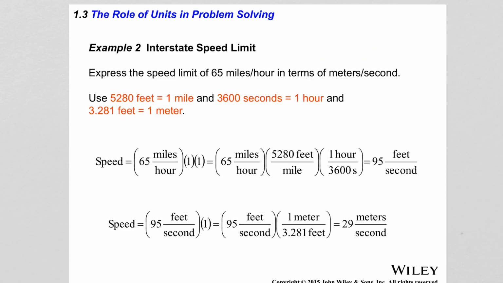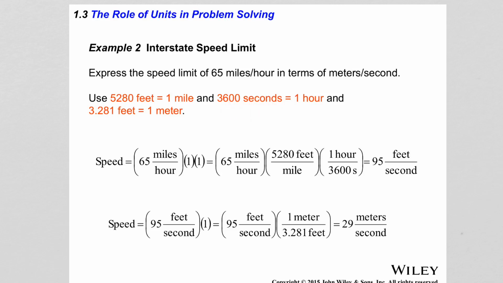So here is an example of another conversion where more than one conversion factor is necessary. In this example, let's express the speed limit of 65 miles per hour in terms of meters per second. So we know that 5,280 feet is 1 mile, and also we know that 1 hour has 3,600 seconds.